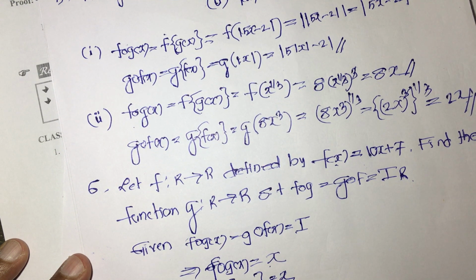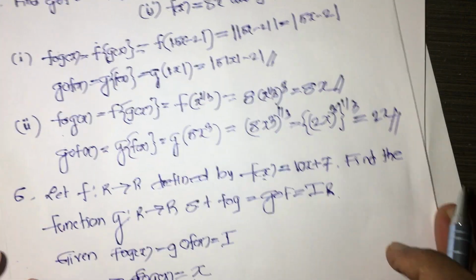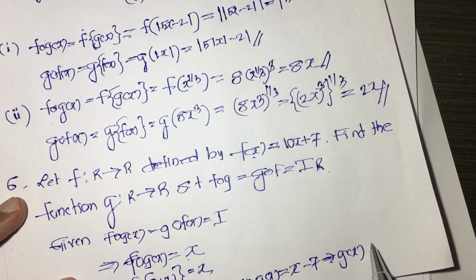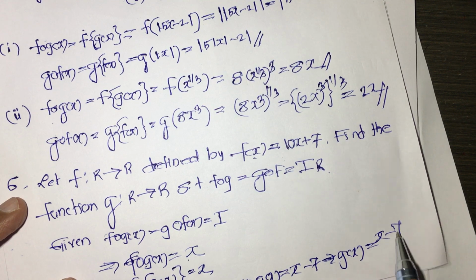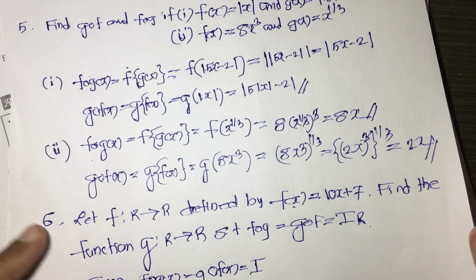This implies 10 g of x is equal to x minus 7, and this implies g of x is x minus 7 divided by 10. This is your required function g of x.